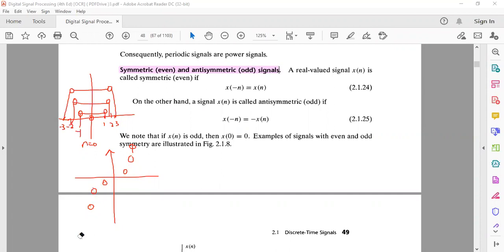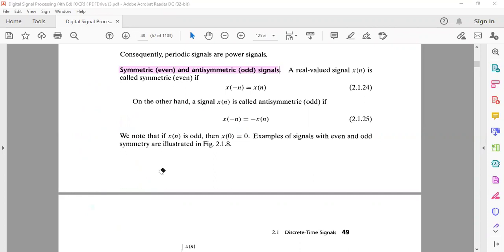So you can define and classify even and odd signals this way.